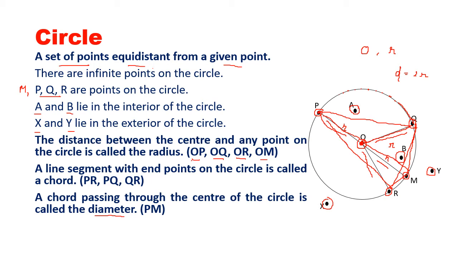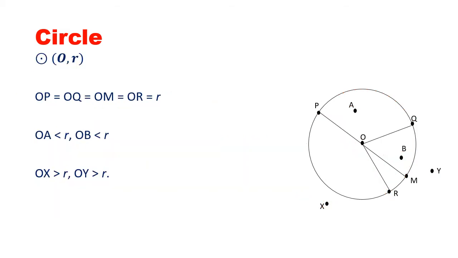Now this is only for the revision sake which you have done in the previous classes. Now how is it written? Look at the notation. The circle in some books is given by C(O, r), where O is the center of the circle and r is the radius.